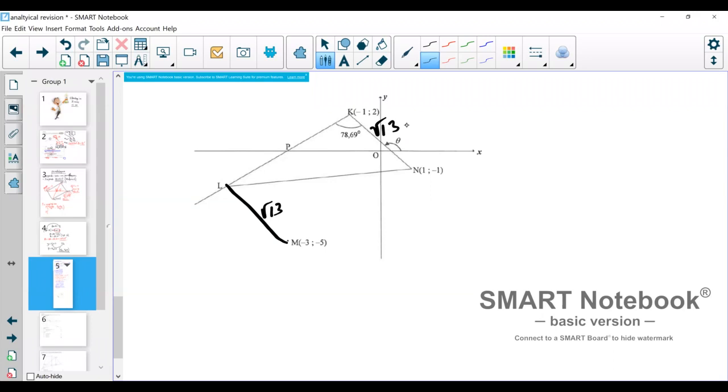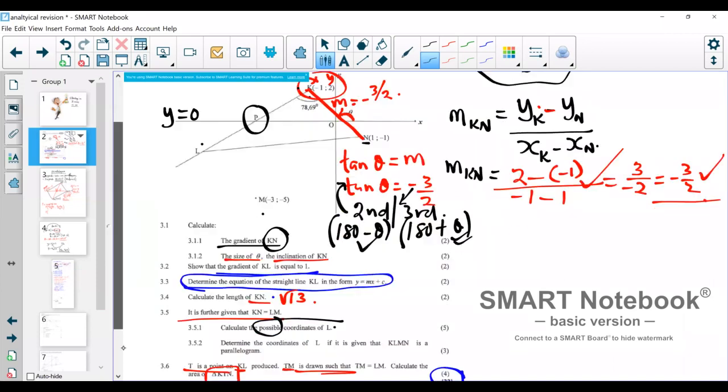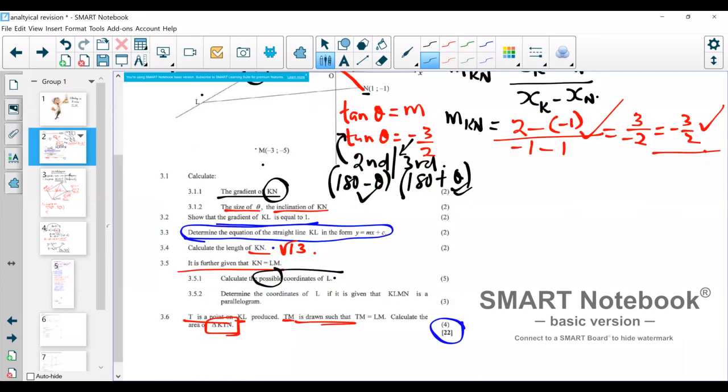So T is somewhere here, such that this is root 13 as well, because we are told that TM is equal to LM. It's there in the instruction that we're given. TL is equal to LM. All right. Calculate the area of triangle KTN.